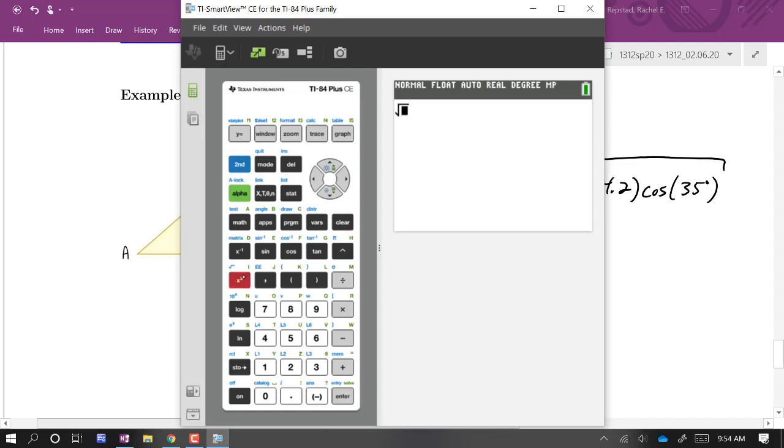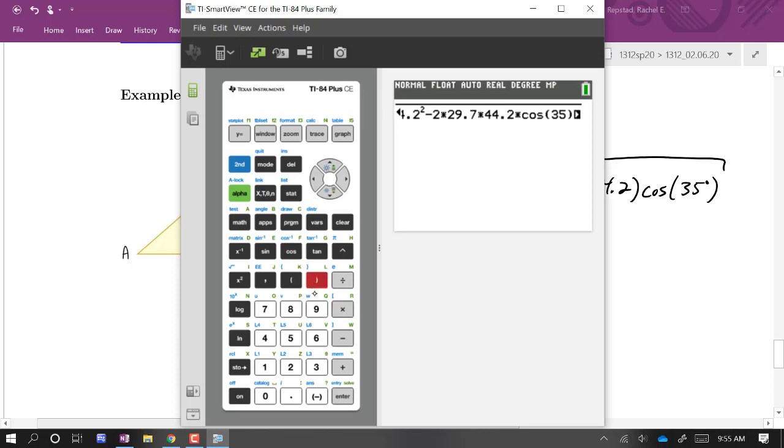Everybody's like, just hurry up and do it. 29.7 squared plus 44.2 squared, minus 2 times 29.7 times 44.2 times cosine.